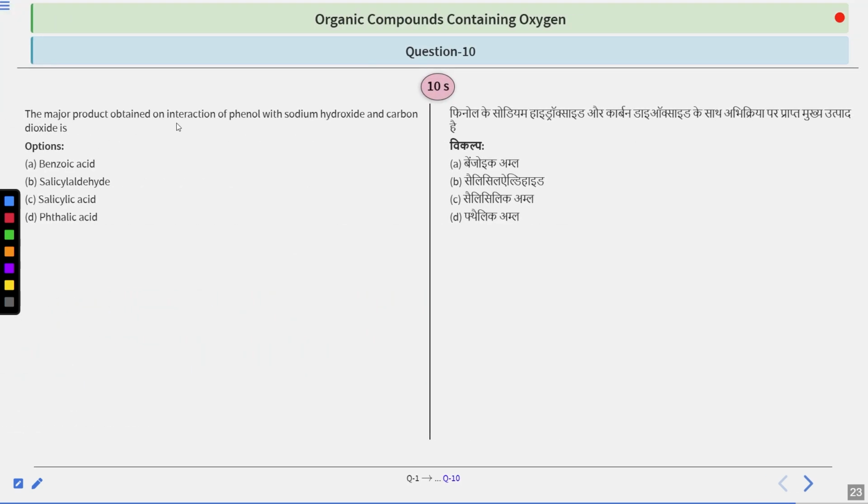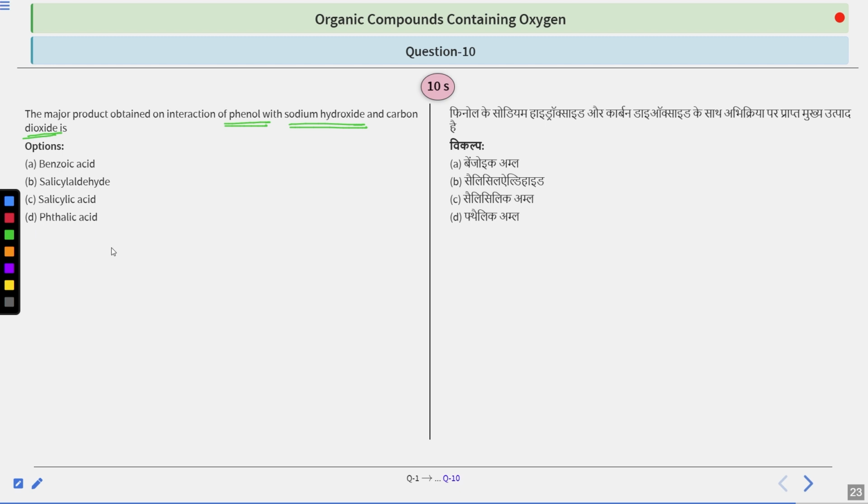The major product obtained on interaction of phenol with sodium hydroxide and carbon dioxide is. So when you react phenol with sodium hydroxide, NaOH, and carbon dioxide, CO2, what will be the major product? Options are benzoic acid, salicylic acid, or phthalic acid.